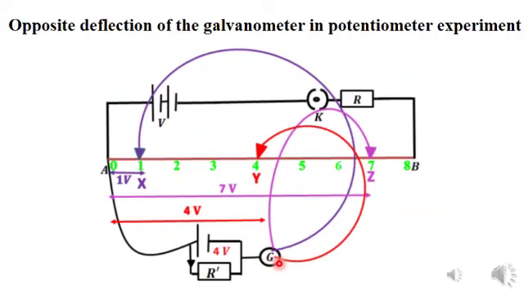Now keep the jockey at Z, which is close to B. Then the potential drop in the wire AZ is greater than the potential difference of the cell. Hence, current flows through the galvanometer in the opposite direction and the needle deflects to the other side.